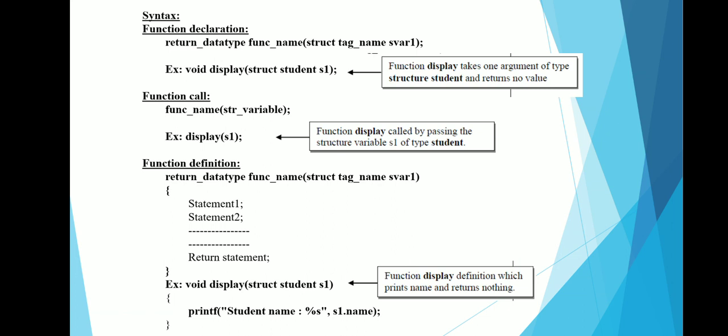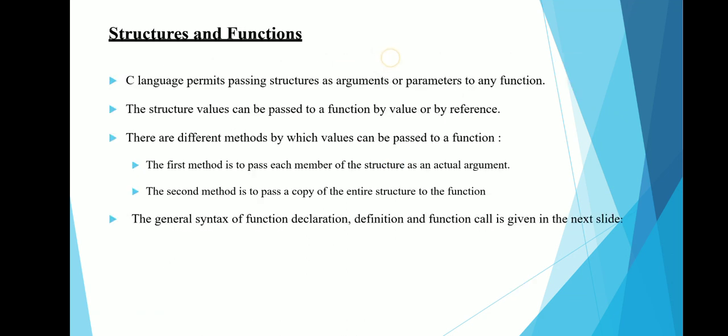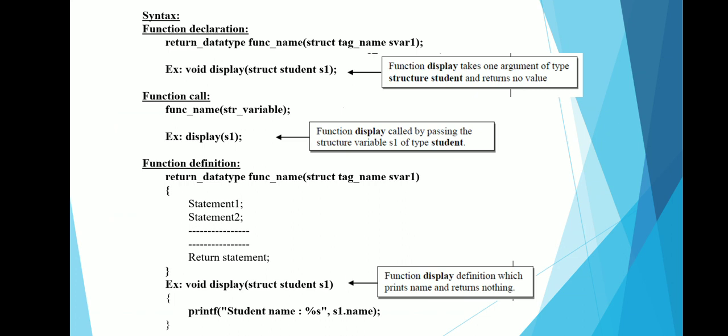So here the only difference in this case is, inside the parenthesis, that is the set of arguments, we are going to use a structure variable as the argument to this particular function.